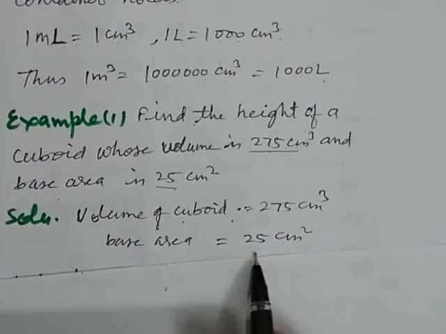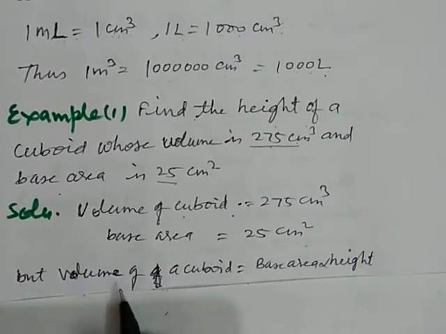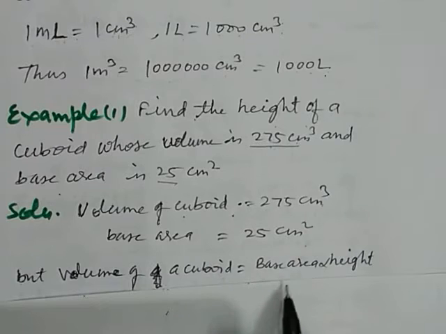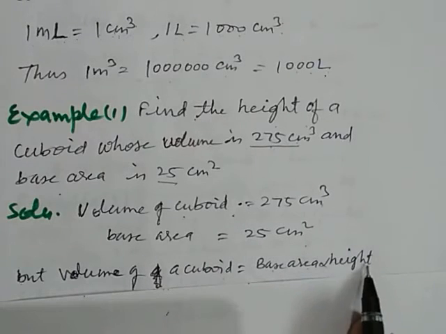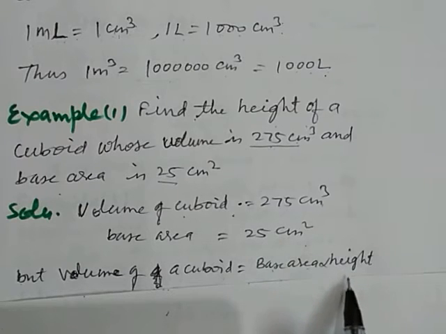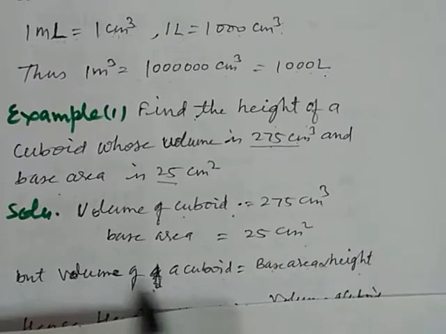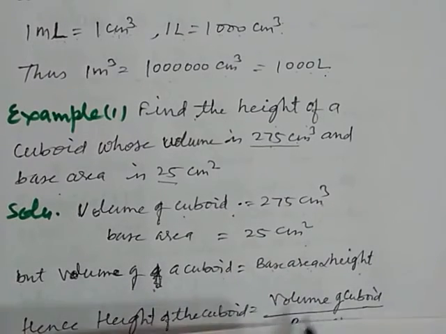Base area is 25 centimeter square. But we know volume of a cuboid is equal to base area into height. So we assume the height and we have to calculate it. So height equals volume of cuboid divided by base area.